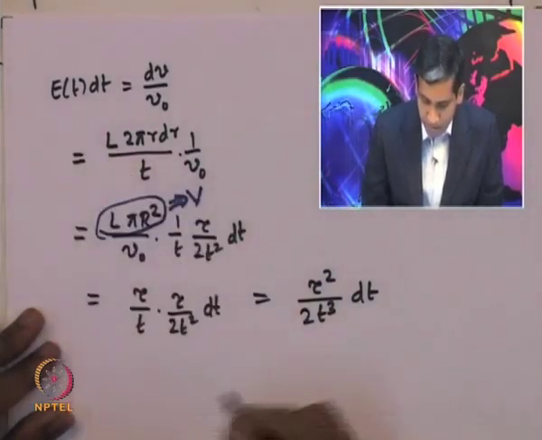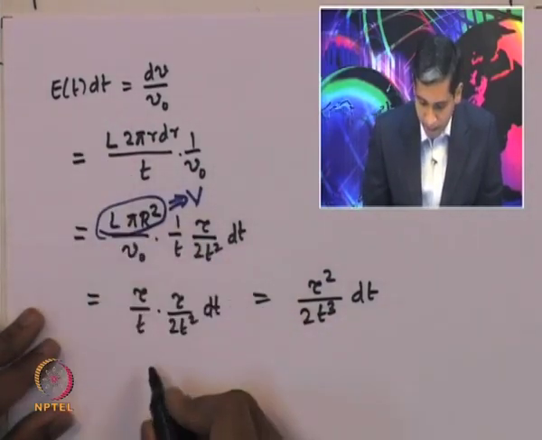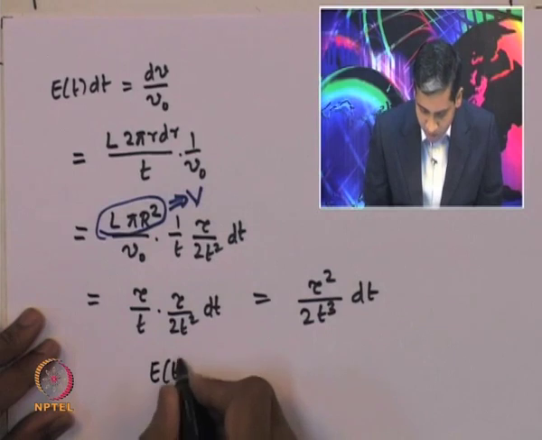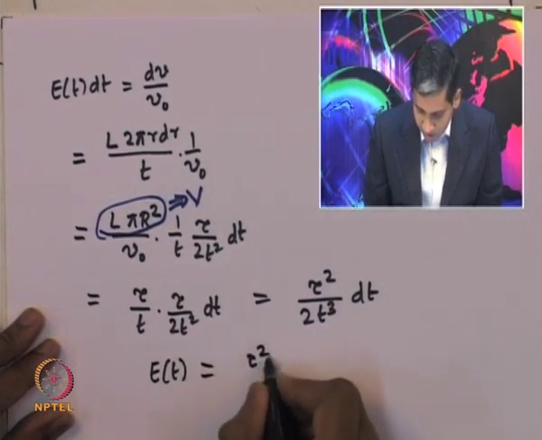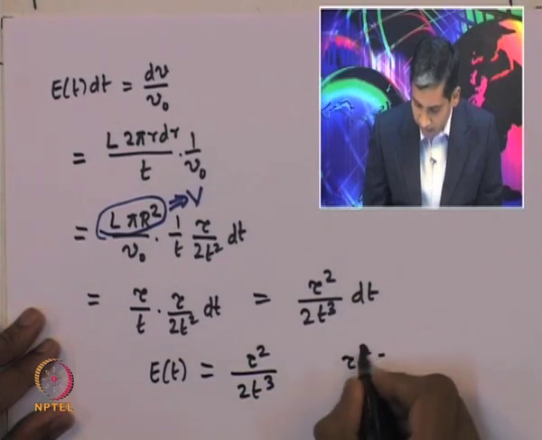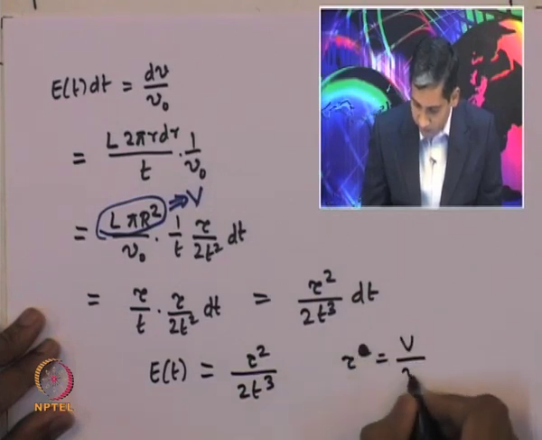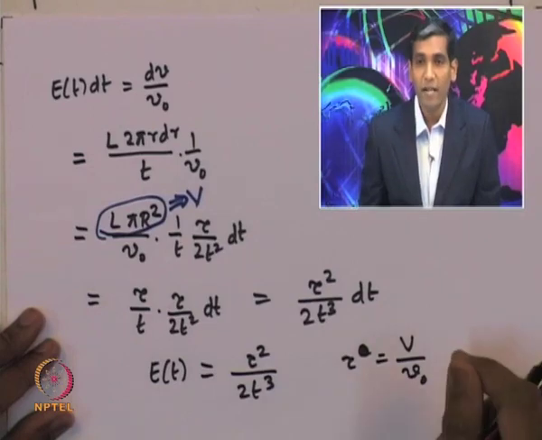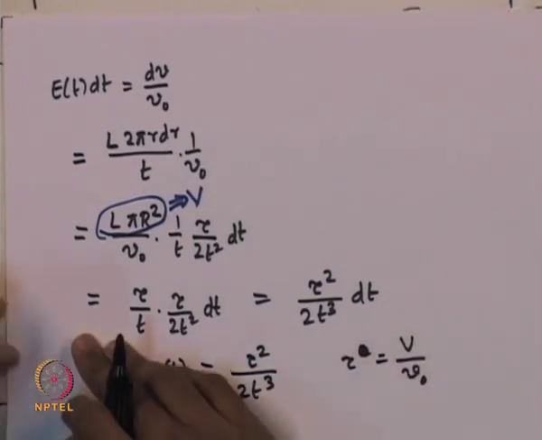Therefore, simply by observation, we can deduce that E of t should be equal to tau square by 2 t cube, where tau is given by the volume of the reactor divided by the volumetric flow rate, if we assume that the flow rate is constant.